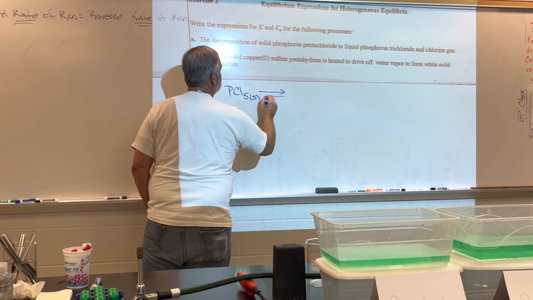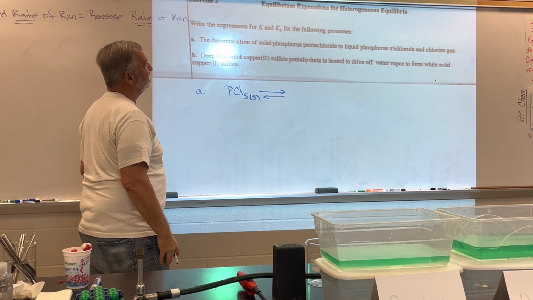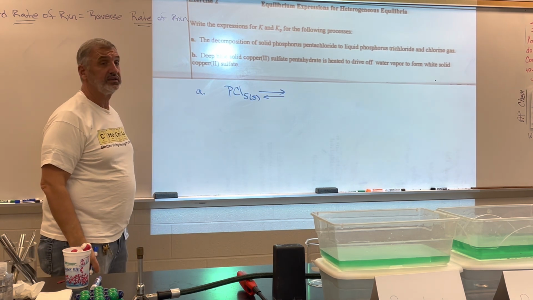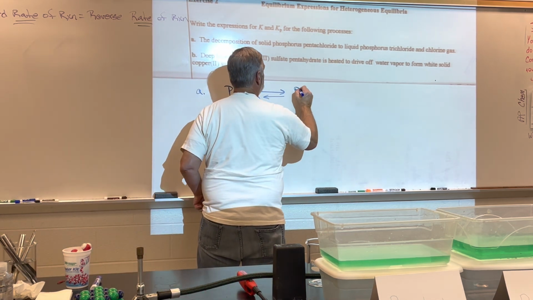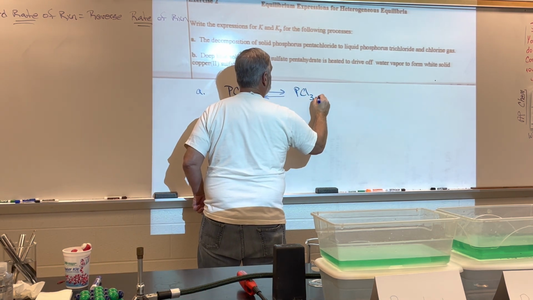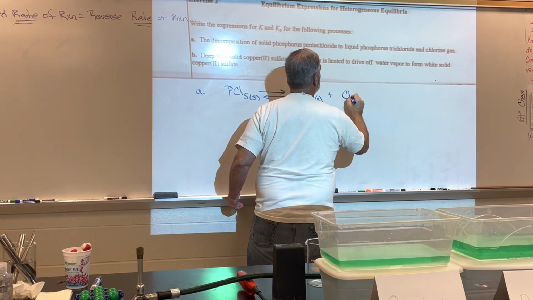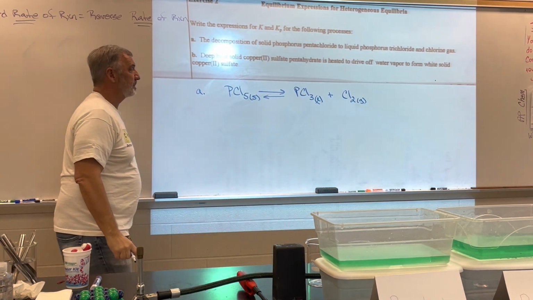It's going to be in equilibrium with the decomposition to liquid phosphorus trichloride, so it's going to be PCl3 liquid plus chlorine gas, and chlorine is one of our 7 diatomics, so it'd be Cl2 gas.